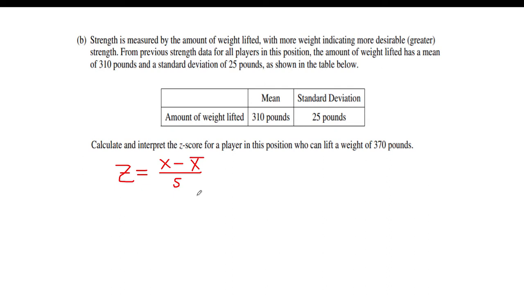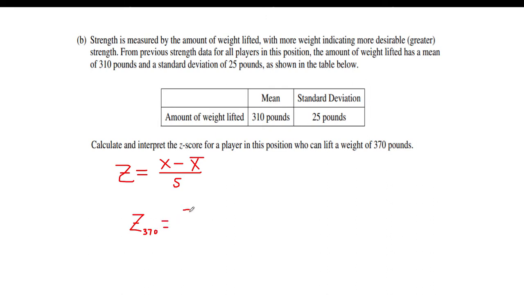It's not going to be in pounds anymore. So it's not going to be 60 pounds above. It's going to be in numbers of standard deviation. So by definition, the z-score is the number of standard deviations something is above or below the mean. So for this one, we can calculate the z-score of 370, and it's very common to subscript this, especially if you're doing multiple ones.